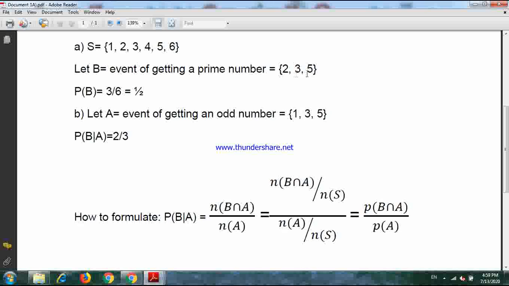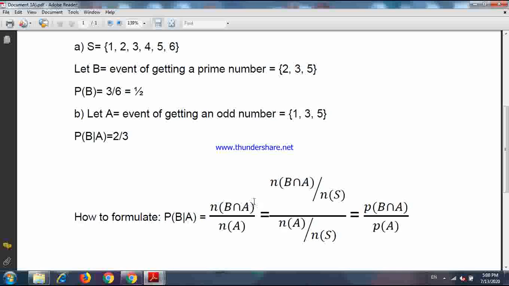B is the set 2, 3, 5 and A is the set 1, 3, 5, and their intersection is nothing but 3, 5. That means the number of favorable outcomes is 2. So here we write n(B intersection A) upon n(A). So this A is the reduced sample space.